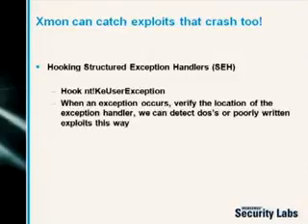Now, it's just the reality that a lot of exploits aren't written correctly, they're poorly written, and they crash. A lot of proof of concept code is like this. So what we wanted to do was also catch these types of exploits. We decided to hook the structured exception handler by hooking KiUserExceptionDispatcher.